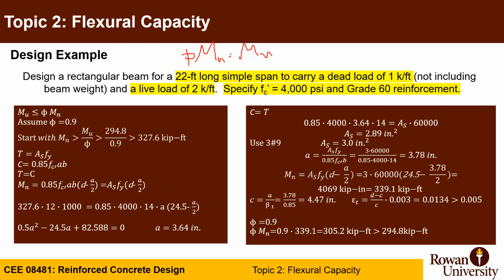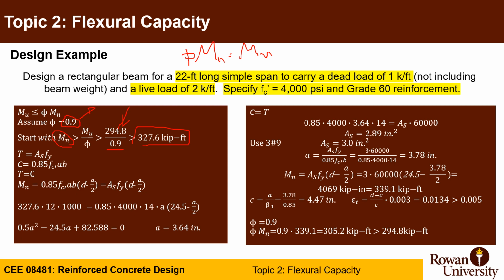So if you assume phi is 0.9, which is most likely, Mn has to be more than or equal to M ultimate divided by phi. M ultimate we just calculated as 294.8 from the loads, we divide by 0.9.